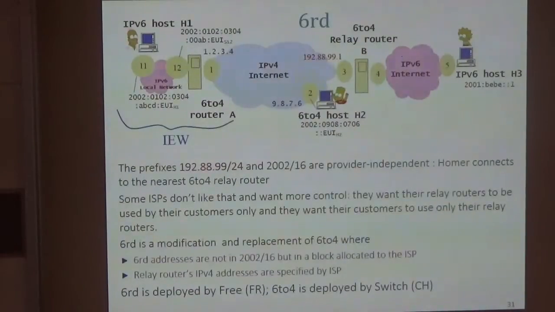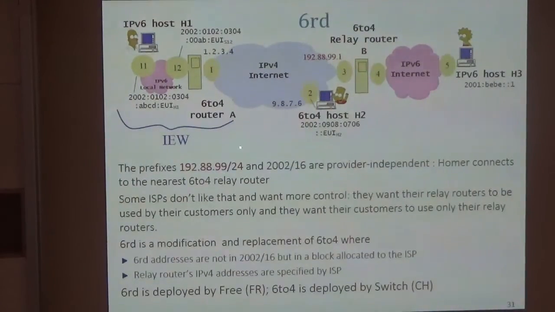So, of course, if you're a provider, you don't like that. I mean, if you are an advanced provider that provides 6to4 service, you don't want to provide your 6to4 relay routers for the other competing providers that are too lazy or too cheap to provide such a service. And that's the difference between 6RD and 6to4. 6RD is, in fact, exactly the same, except all the blocks and all the addresses I've said are not predefined and well-defined addresses.